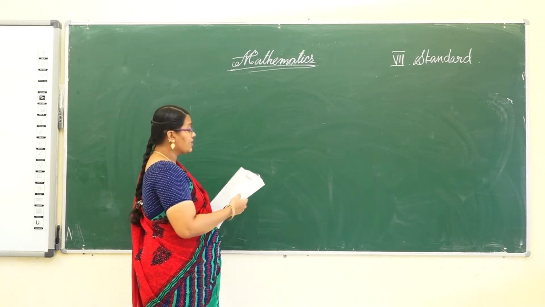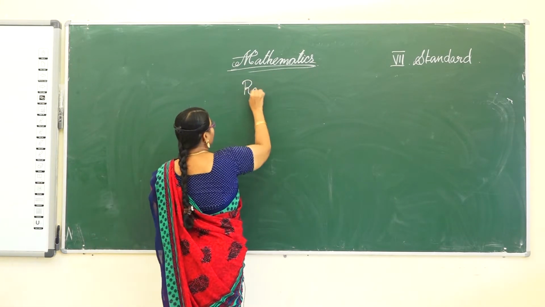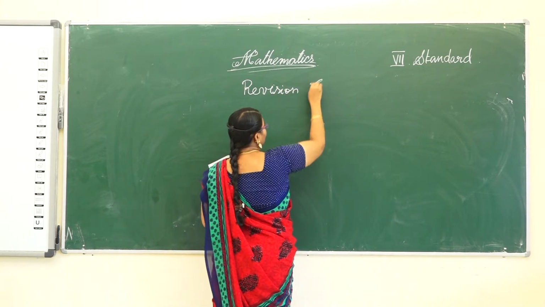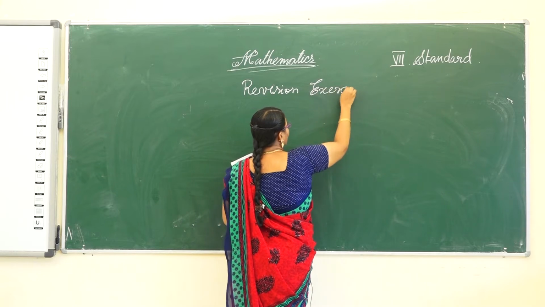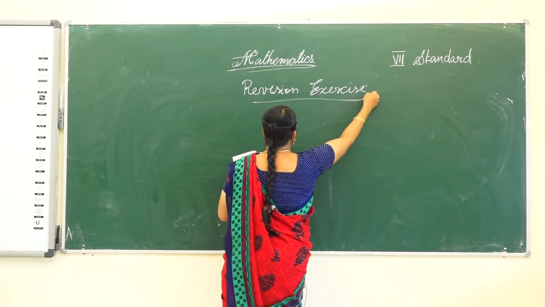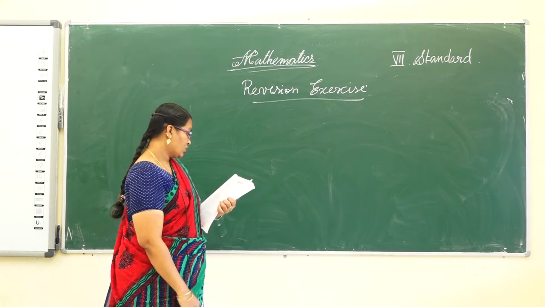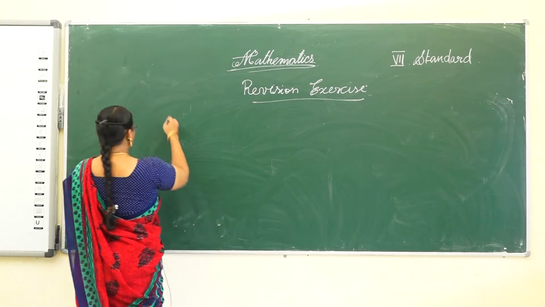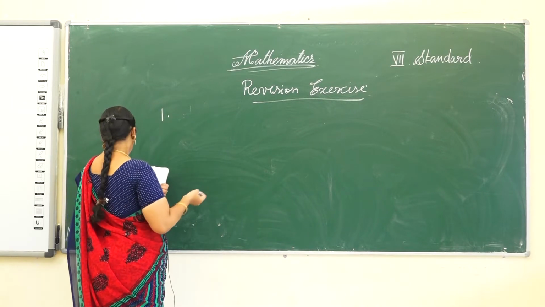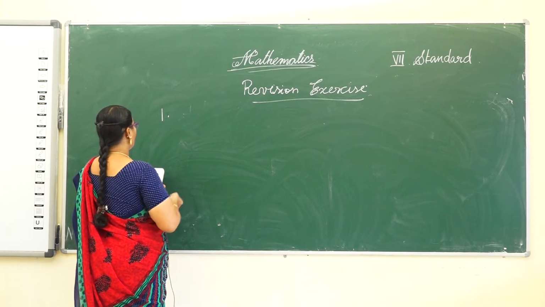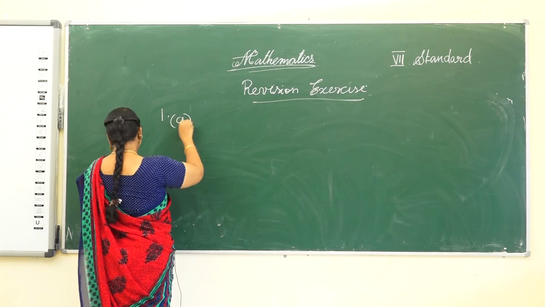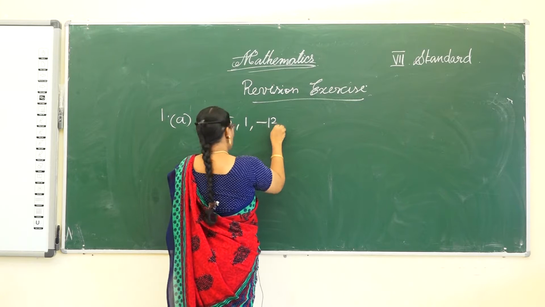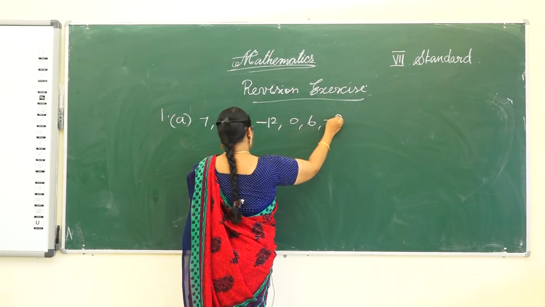See the revision exercise. First question, arrange the following integers in ascending order. Already you learned how to write, right? Ascending order and descending order. Let us consider the first option A: 7, minus 5, 1, minus 12, 0, 6, minus 3.